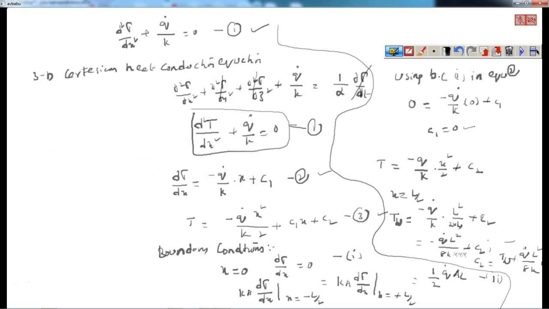Now substitute C1 and C2 in the general equation of temperature distribution.